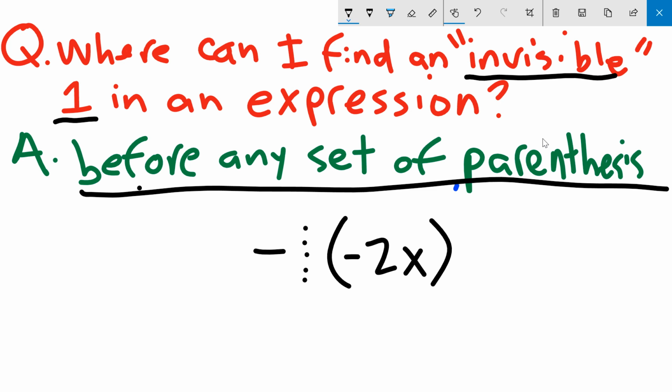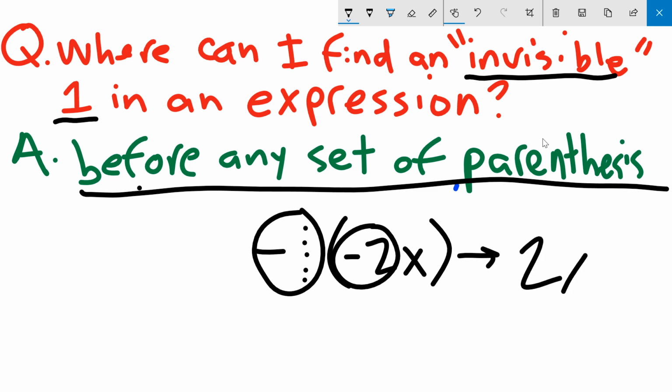With that being said, now I can actually multiply this number and this coefficient together to get my 2x. Don't forget that invisible one. And there's a special rule and name for this rule, but we'll talk about those later. Just know that in front of any set of parentheses, there's always an invisible one.